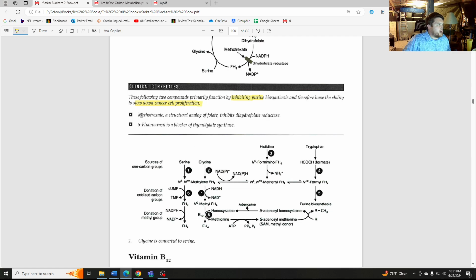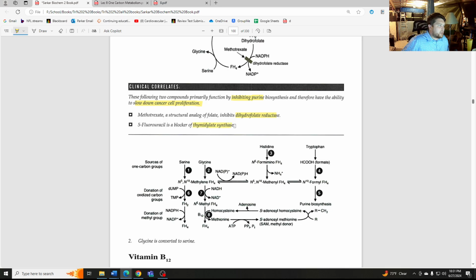So methotrexate is a structural analog of folate, meaning it's similar in structure to folate, that inhibits the dihydrofolate reductase. 5-fluorouracil, a lot of these words. Fluorouracil is a blocker of thymidylate synthase.